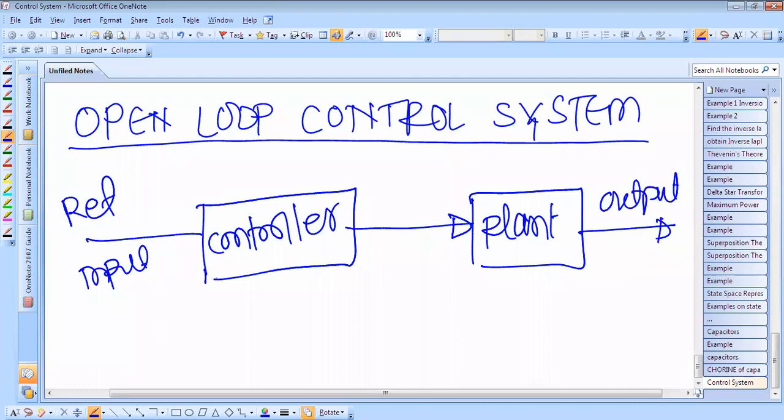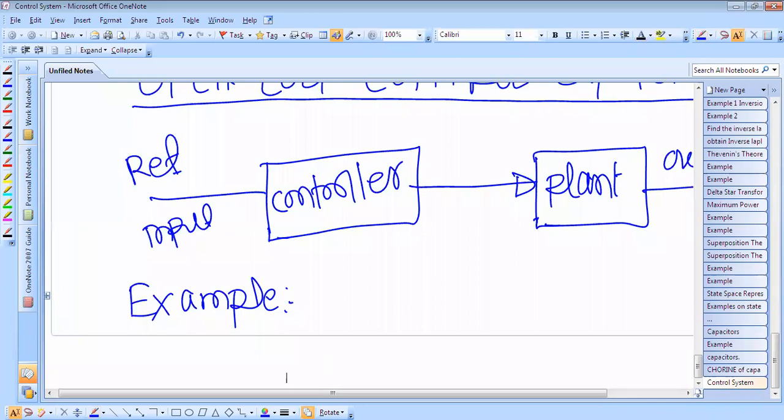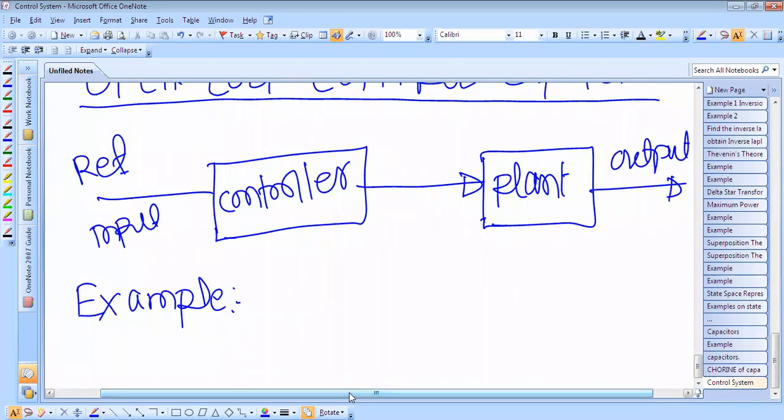So in the open loop control system there is no feedback at all. Whatever input is given to the system and whatever output the system gives, we have to accept, because the controller action is independent of the output. It is not dependent on the output. An example of this open loop system is the person walking on the street with his eyes closed.